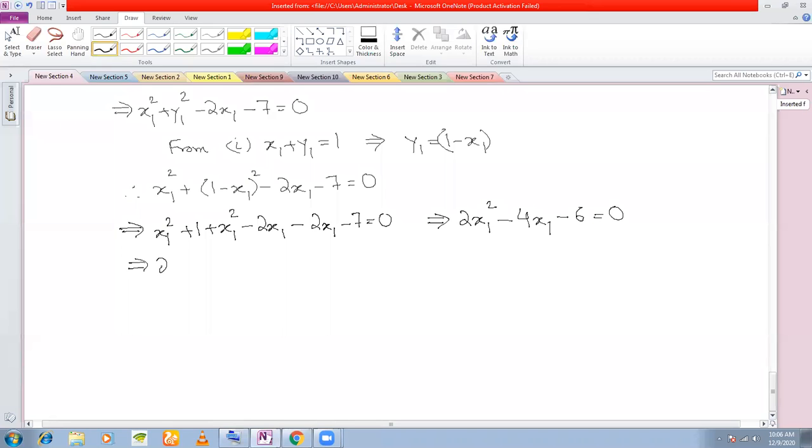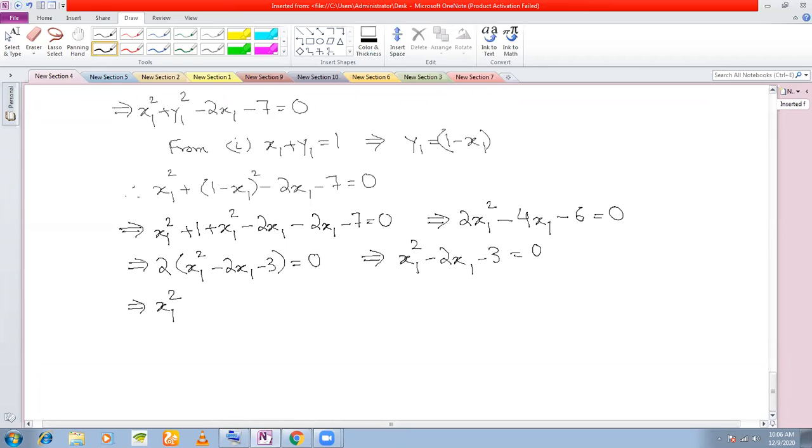Now from here again you can take 2 common, x1 square minus 2x1 minus 3 is equal to 0. Now we solve this quadratic.